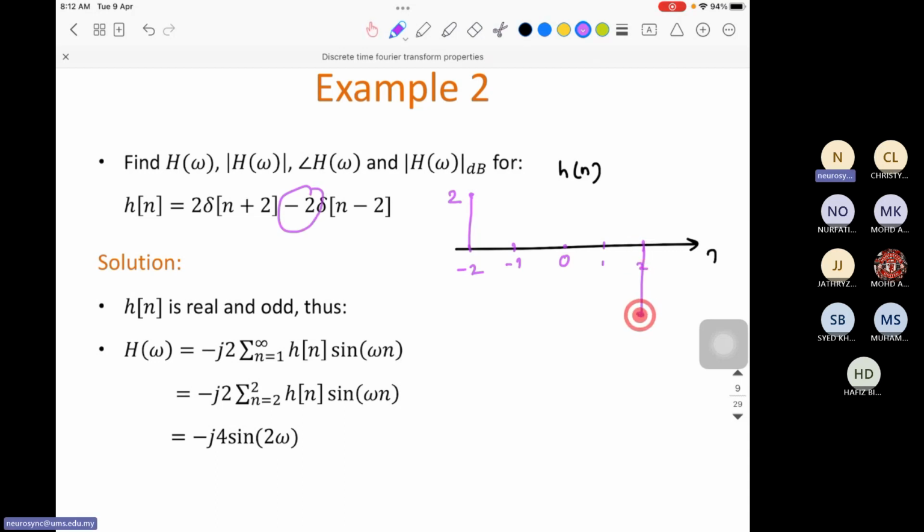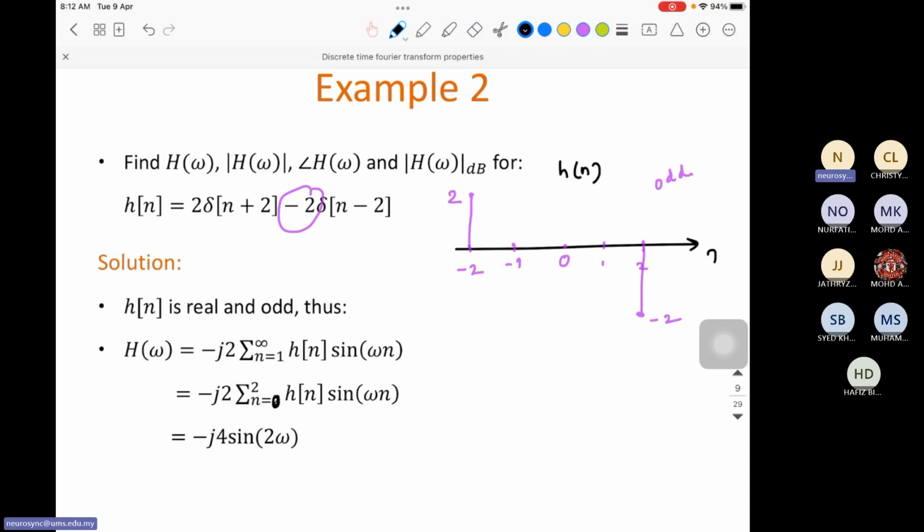Now this function is basically an odd function. In that case, you can find h of omega like this: minus j times 2 into the summation from n equal to 1 to infinity of h of n sin omega n. But here again, we are interested only up to 2. So 2 times n equal to 0 to 2.